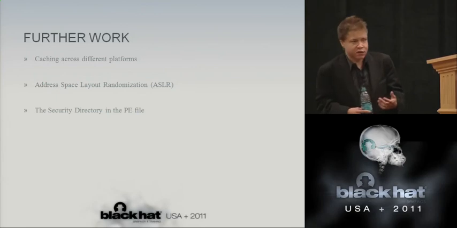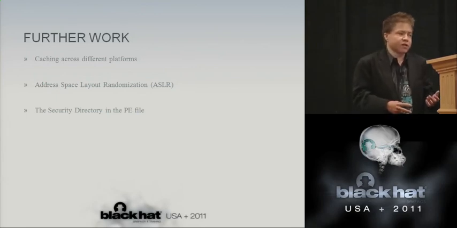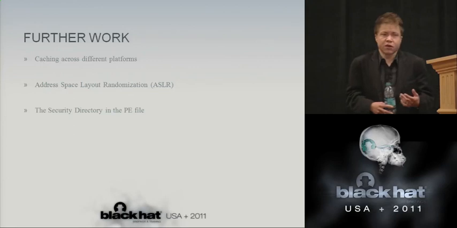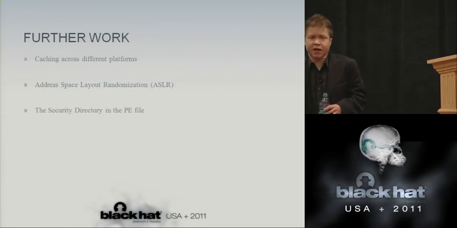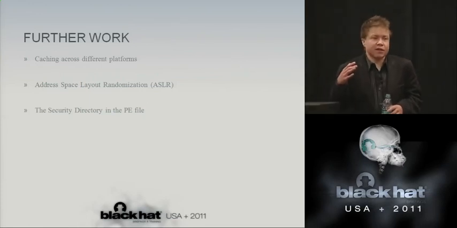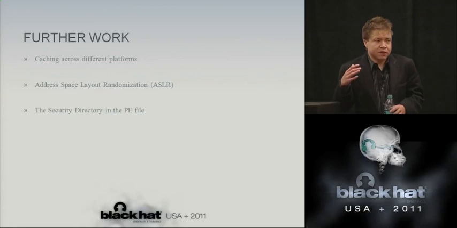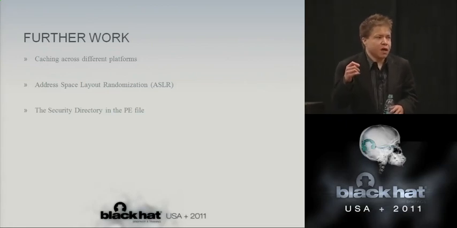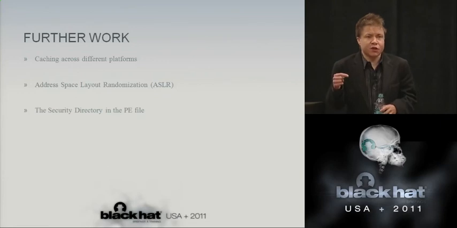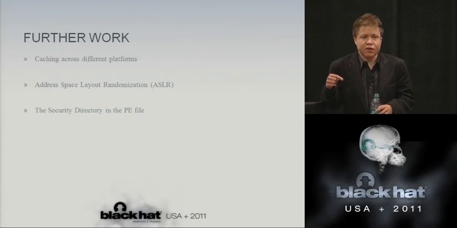However, when address space layout randomization is in use, which is the newer 64-bit platforms, then the loader is going to move that binary around, so it's not going to be at the same static location. Because of that, if there were relocations to do, the OS has made those changes, and therefore the hash in memory won't match the hash on disk.